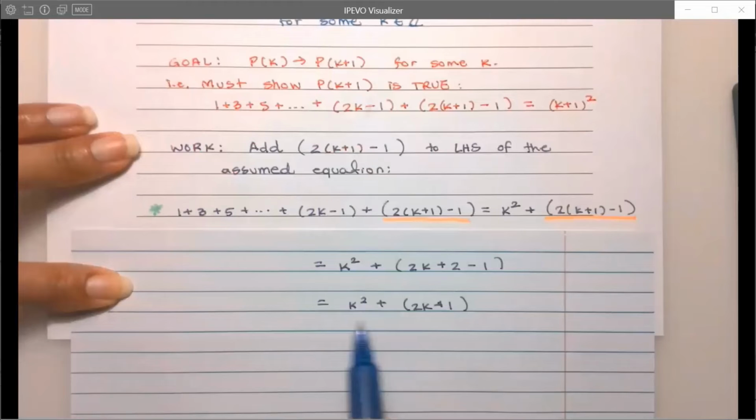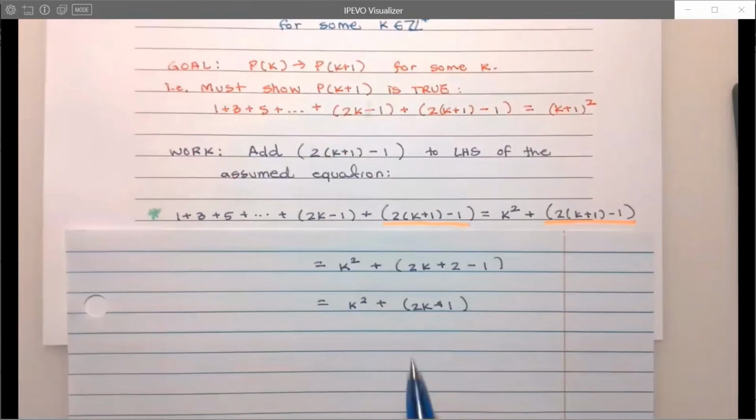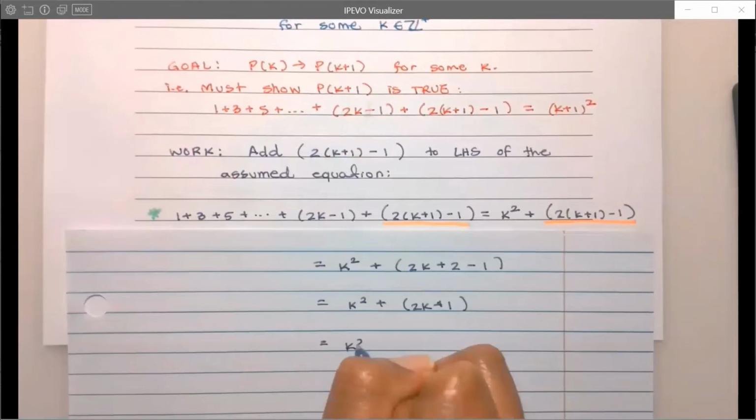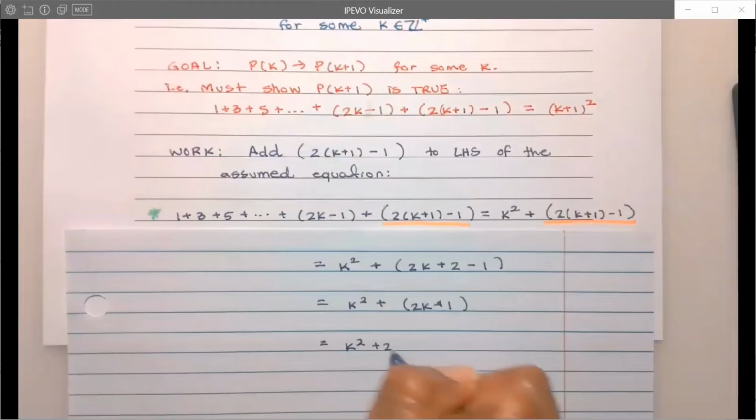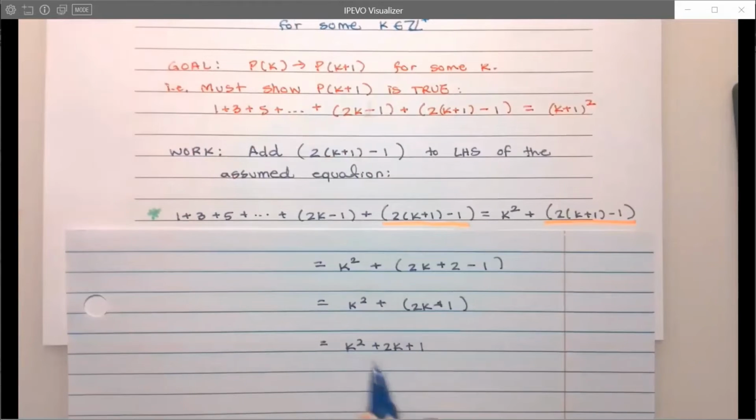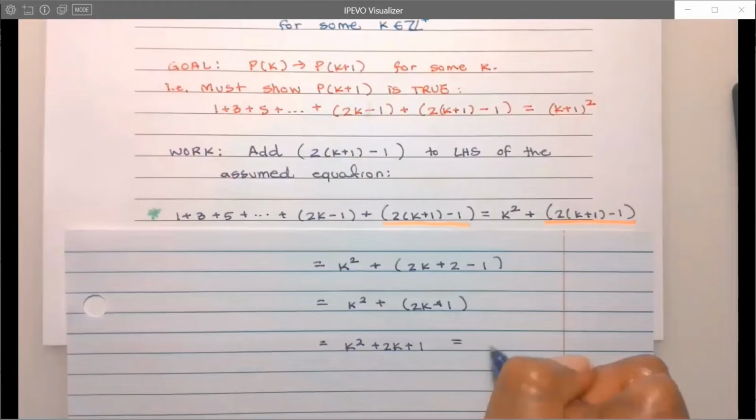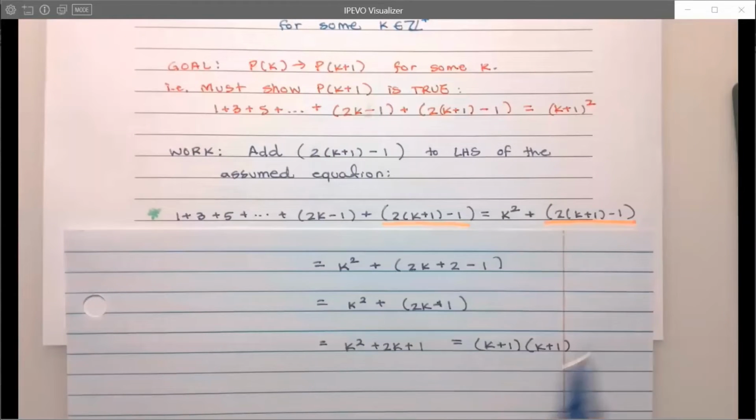I can drop the parentheses because there's nothing really that I need to distribute, and I would just get k squared plus 2k plus 1, and that actually factors into (k plus 1) times (k plus 1). Right, you can verify by distributing back the terms. k times k will give us the k squared, k times 1 will give us 1k, 1 times k will give us 1k, and then 1 times 1 will give us 1 squared. So that's a total of k squared plus 2k plus 1.